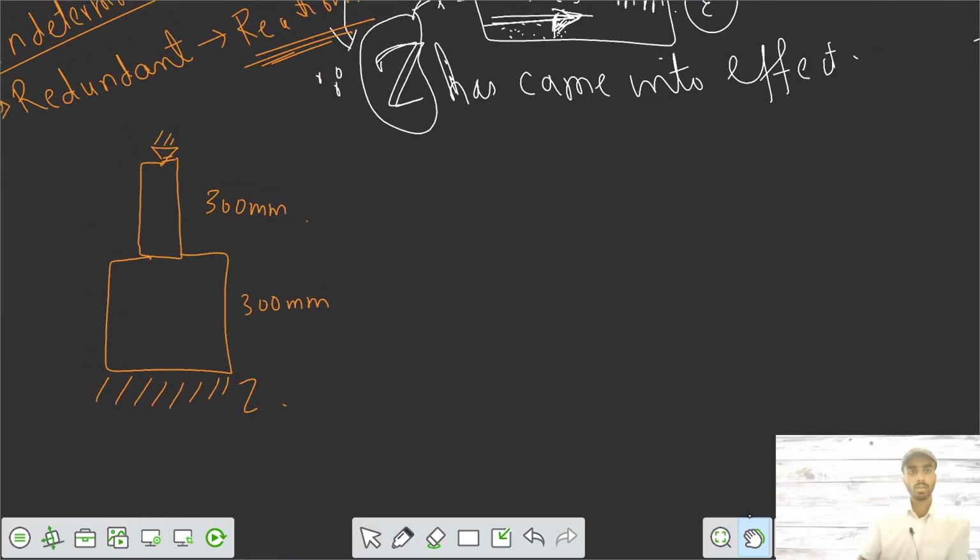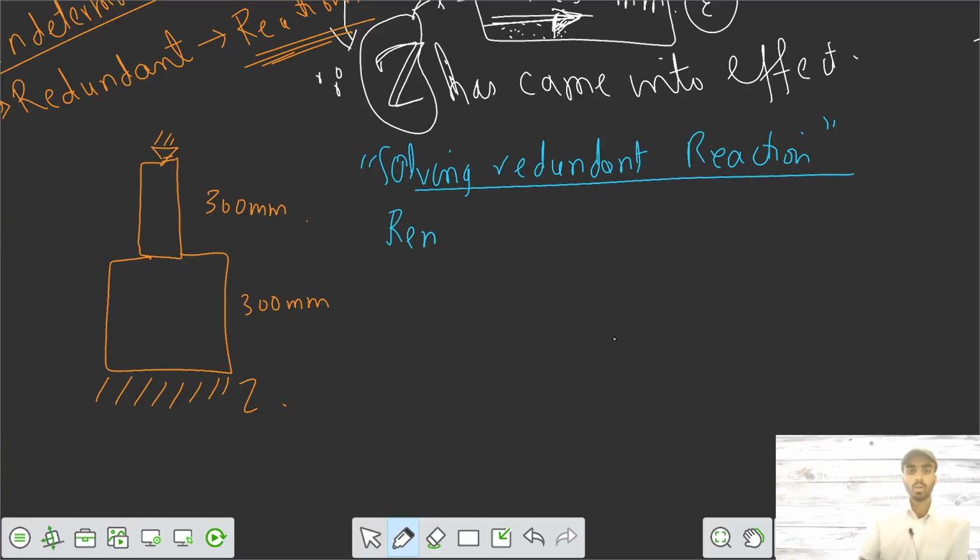So how can you solve the redundant? For solving for the redundant reaction, you have to remove all external loads. Then just apply the reaction itself.